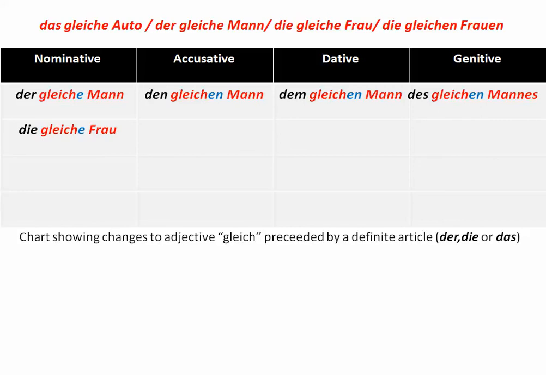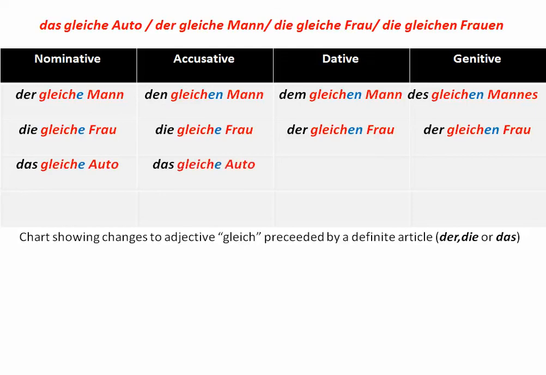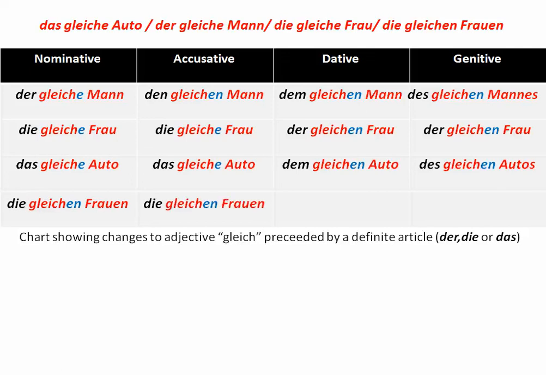Okay, and for feminine nouns: die gleiche Frau, der gleichen Frau, der gleichen Frau. For the neuter nouns: das gleiche Auto, dem gleichen Auto und des gleichen Autos. And then for plural nouns, like we use Frauen here: die gleichen Frauen, den gleichen Frauen, der gleichen Frauen.